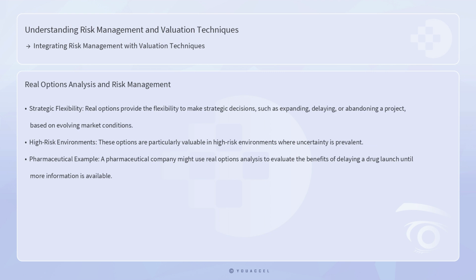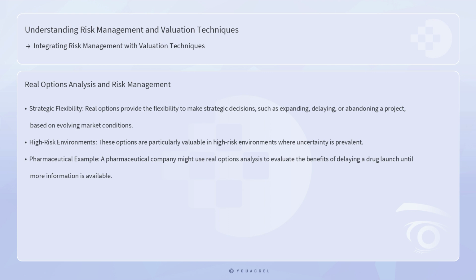Real options analysis is another valuation technique that benefits from the integration of risk management. Real options provide the flexibility to make strategic decisions, such as expanding, delaying, or abandoning a project based on evolving market conditions. These options are particularly valuable in high-risk environments where uncertainty is prevalent.